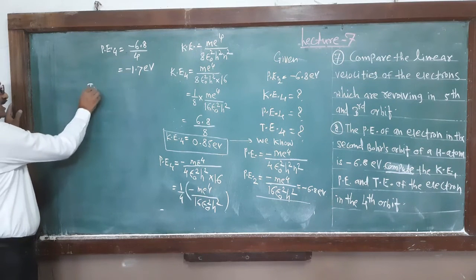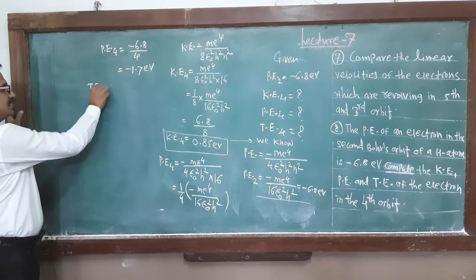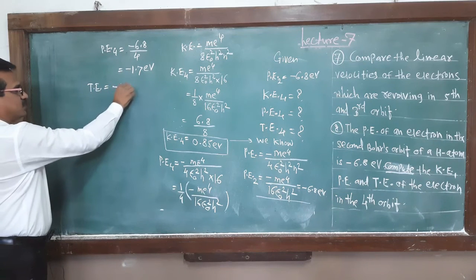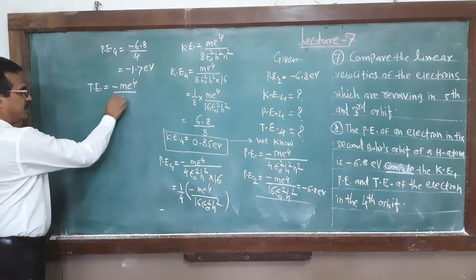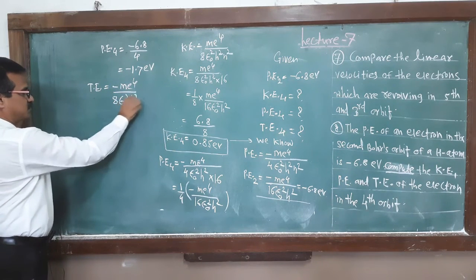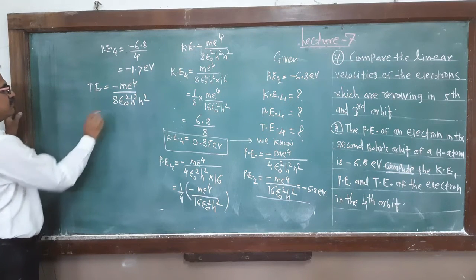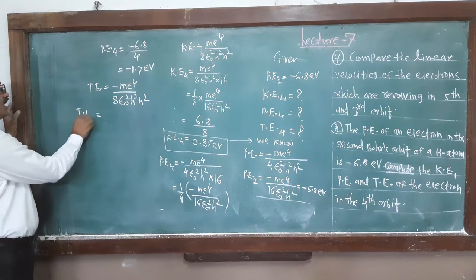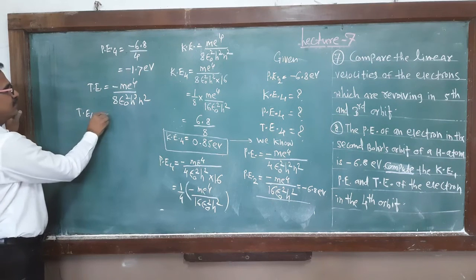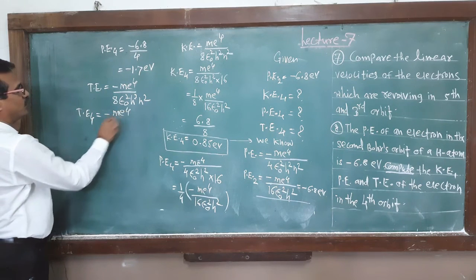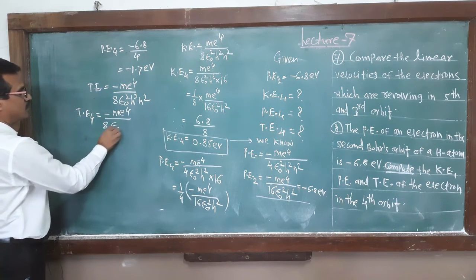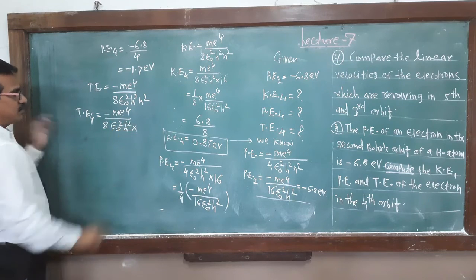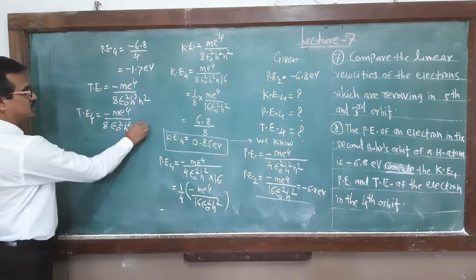What about the total energy? Total energy in the nth orbit is minus m e raised to 4 over 8 epsilon 0 square h square n square. Total energy in the fourth orbit is minus m e raised to 4 over 8 epsilon 0 square h square. What is the value of n? n is 4, so n square is 16.